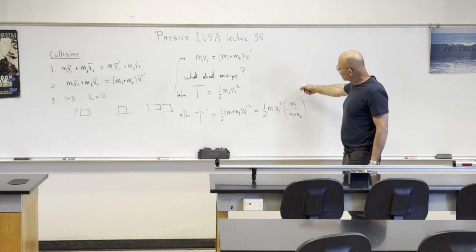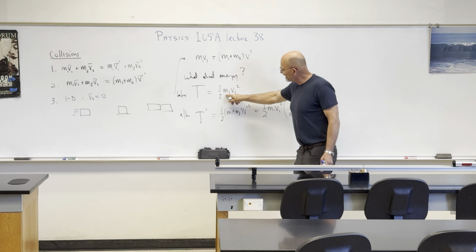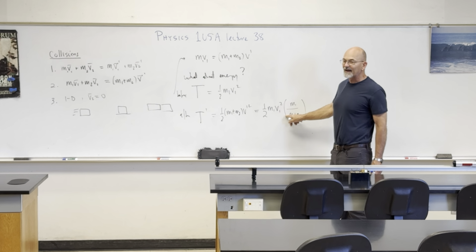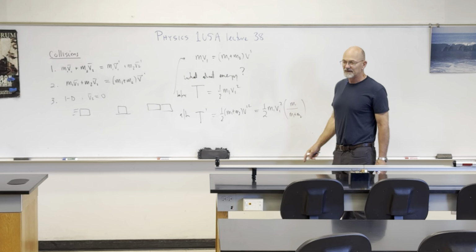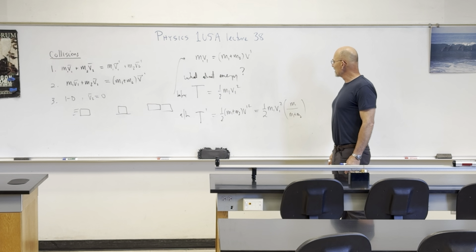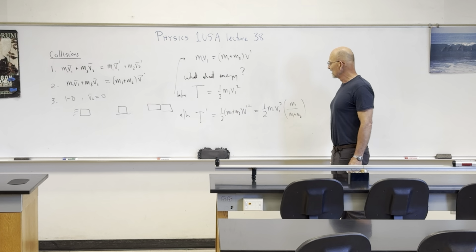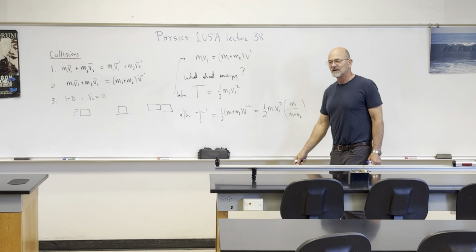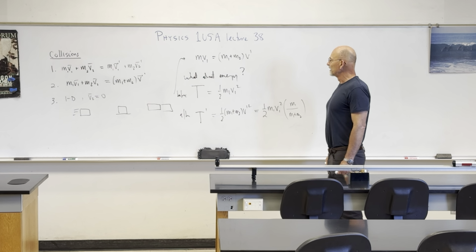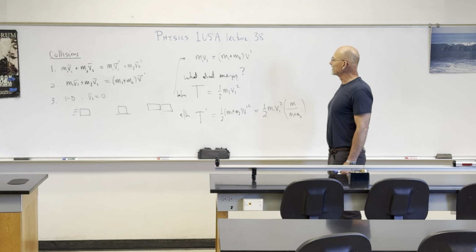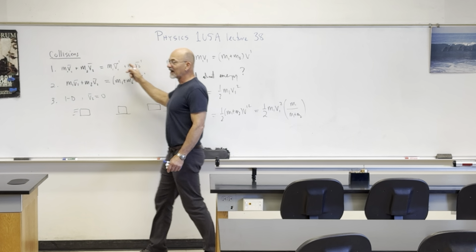So this is a good way to write it, because you've got the initial kinetic energy times a factor that is less than 1, and could be substantially less than 1. And that was the question of the lost energy. But we cannot answer that at this level of abstraction.